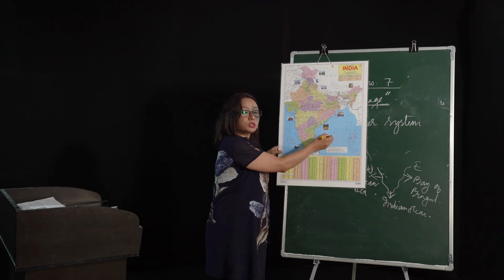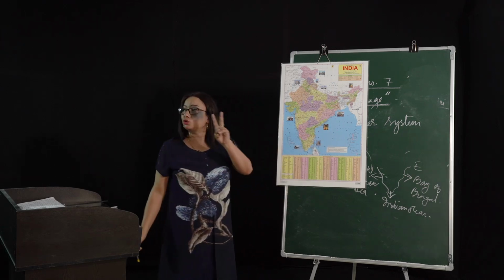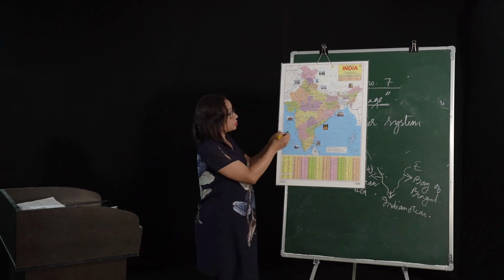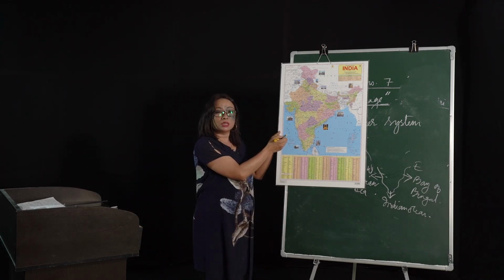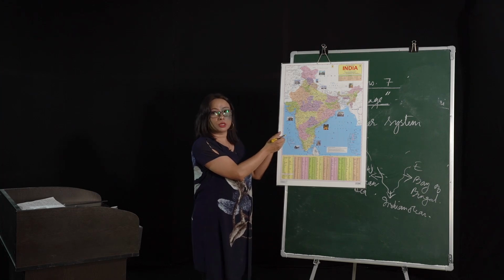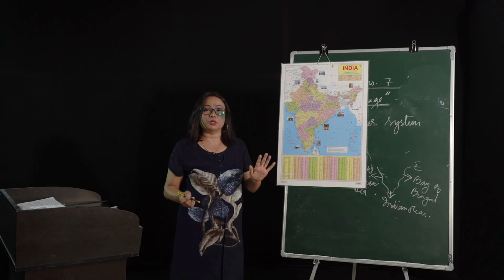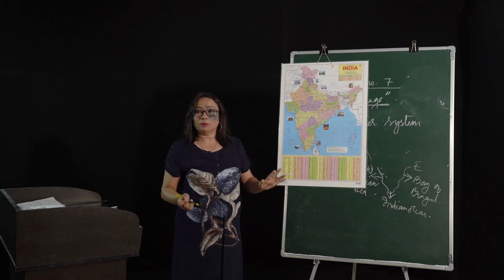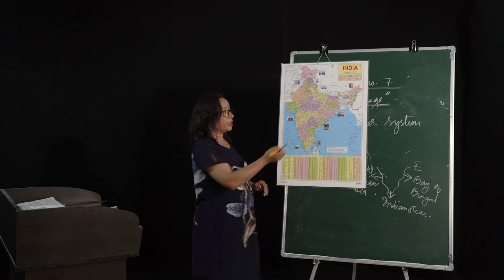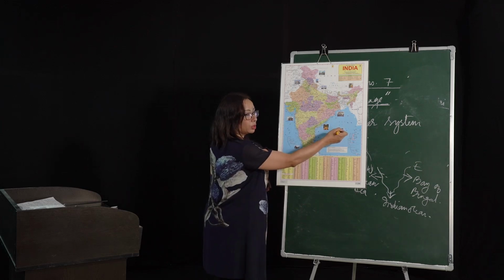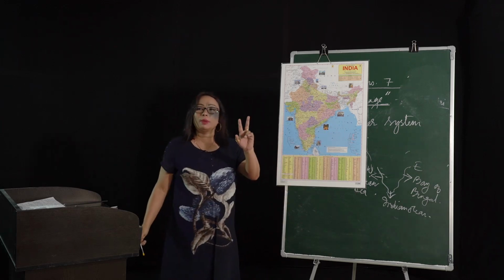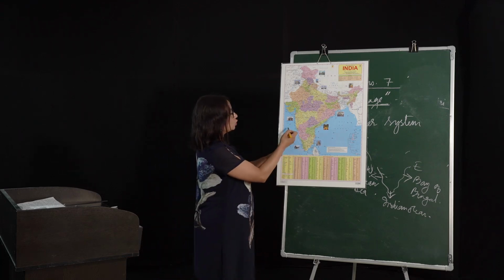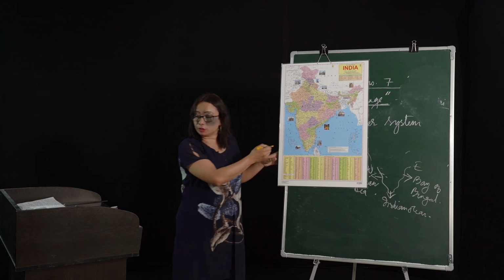But out of the 6 peninsular rivers, the 2 rivers, that is Narmada and Tapi, drain their water in the west into the Arabian Sea. That is the difference. There are 6 peninsular rivers; Kaveri, Krishna, Godavari and Mahanadi, all 4 drain their water into the Bay of Bengal in the east, but 2 peninsular rivers, that is Narmada and Tapi, drain their water into the Arabian Sea.